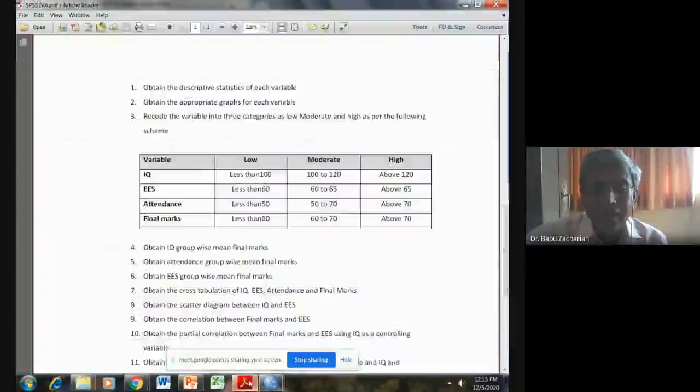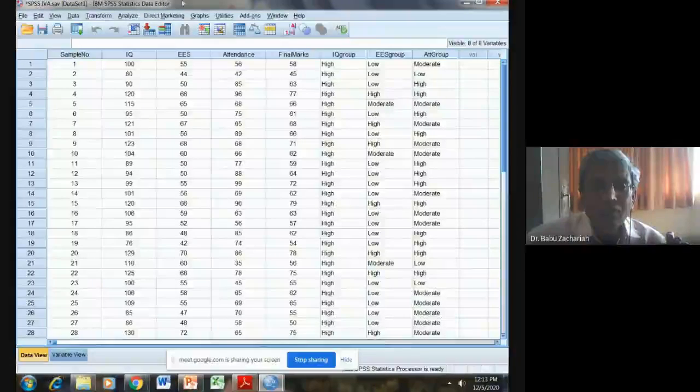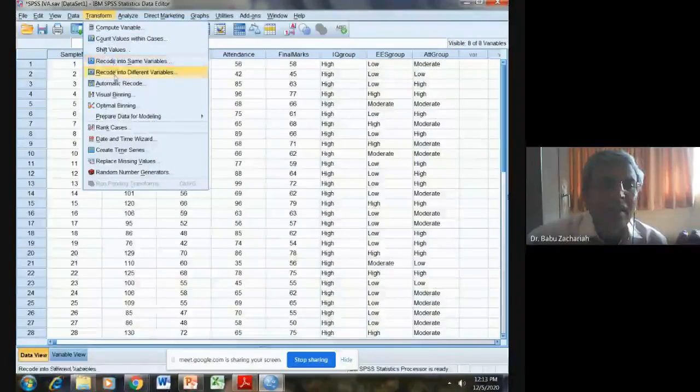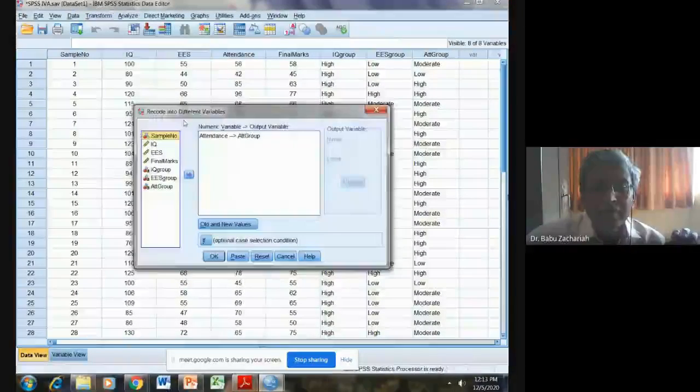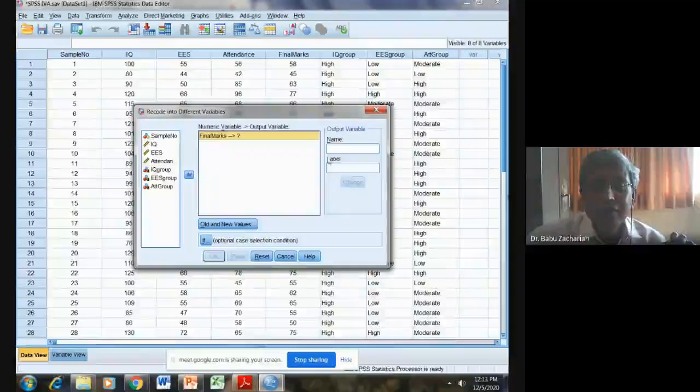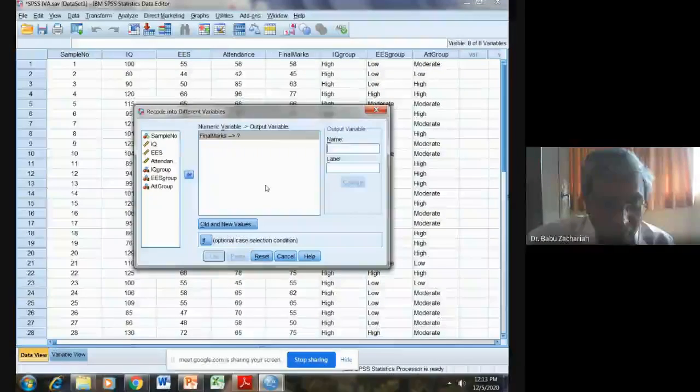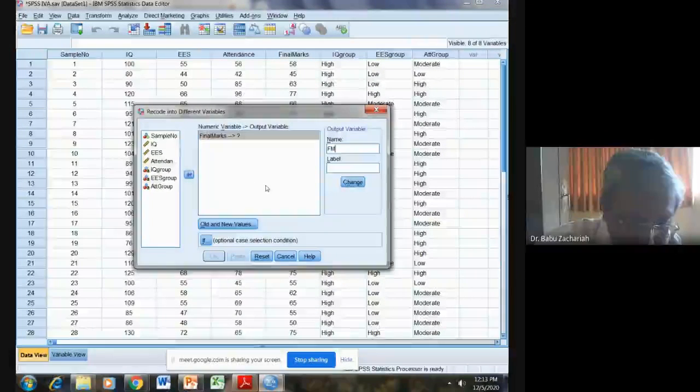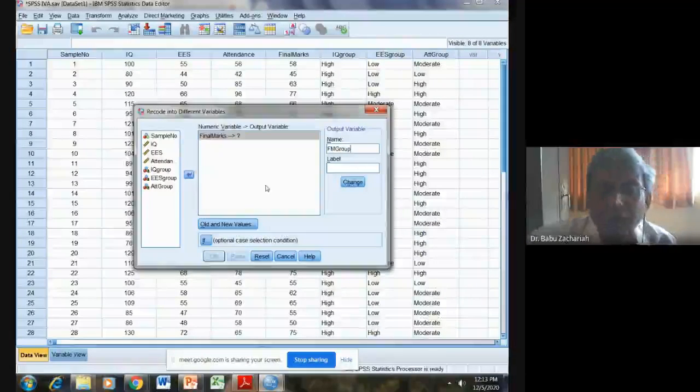And lastly, we need final marks. 60 and 70 are the cutoffs. So I'll go there. For final marks, I recode into different variables. We'll remove all these things. Final marks put here, and the new name is final marks group.